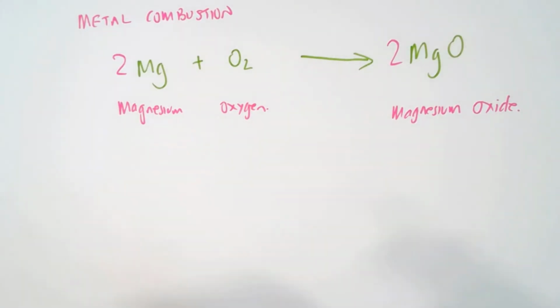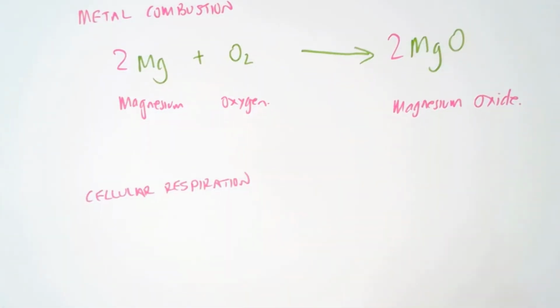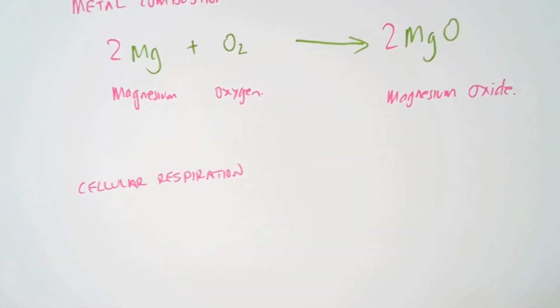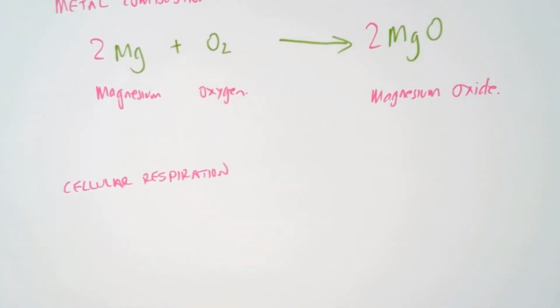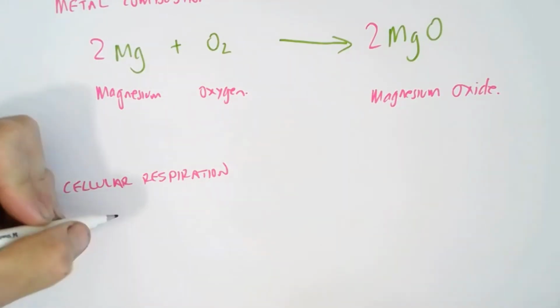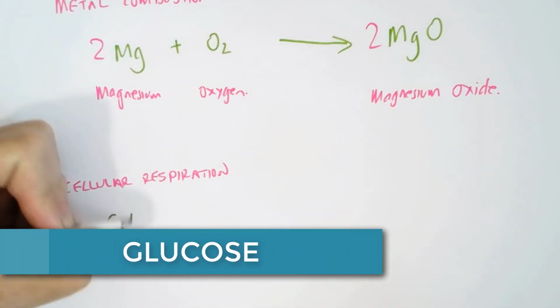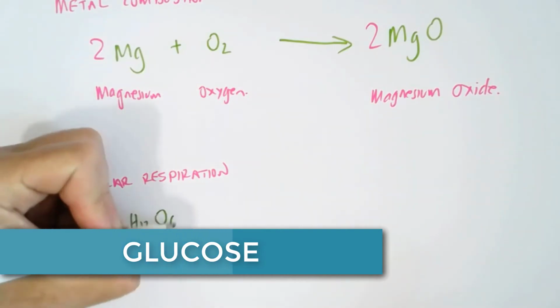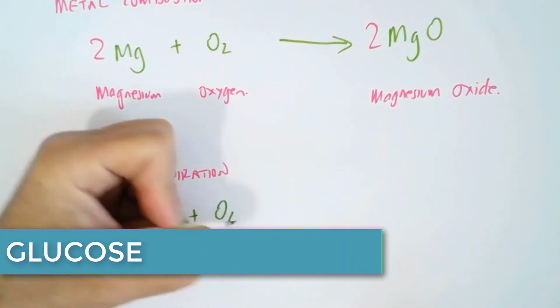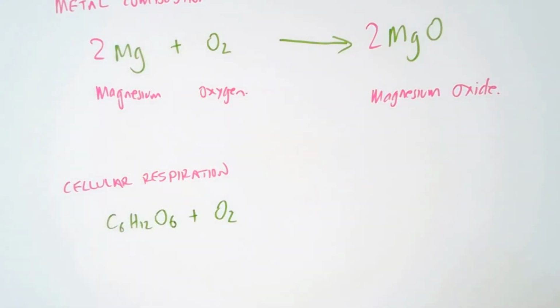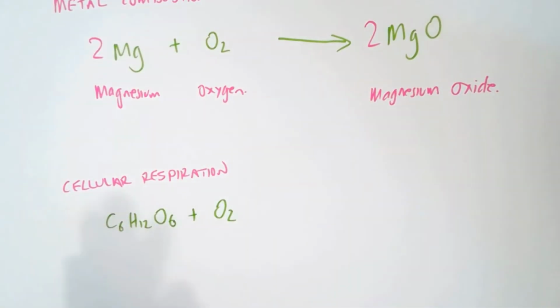Finally, here's another type of combustion reaction. This occurs within an organism, within the cells of an organism. This is the burning or the combustion of glucose, C6H12O6, in the presence of oxygen. In our cells, in the mitochondria of the cell, glucose is burned.